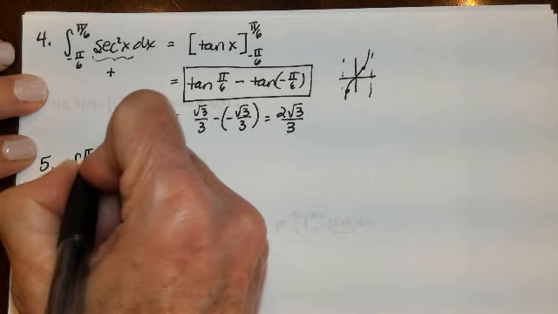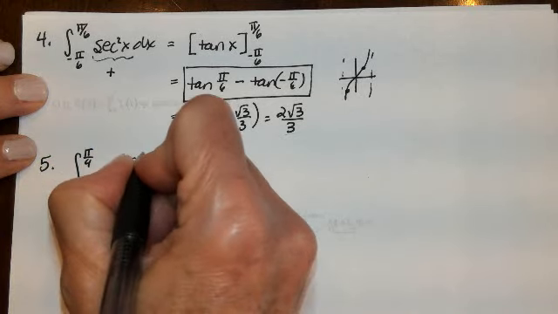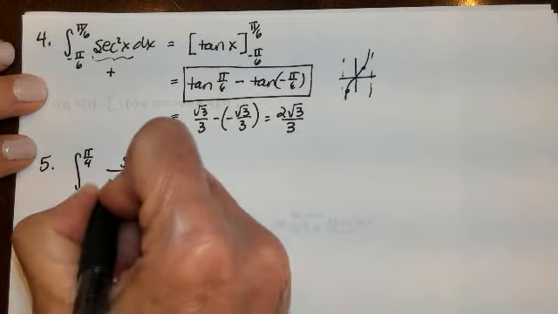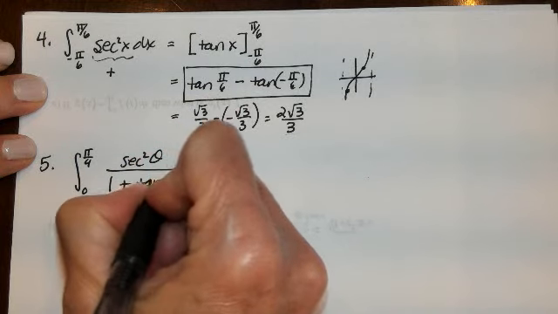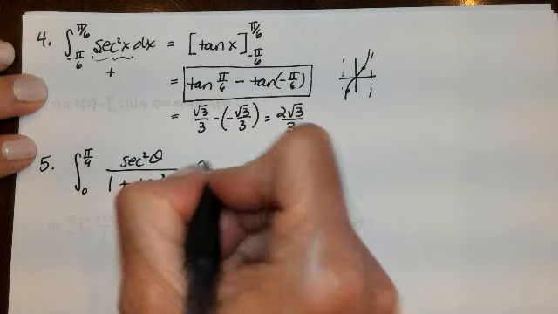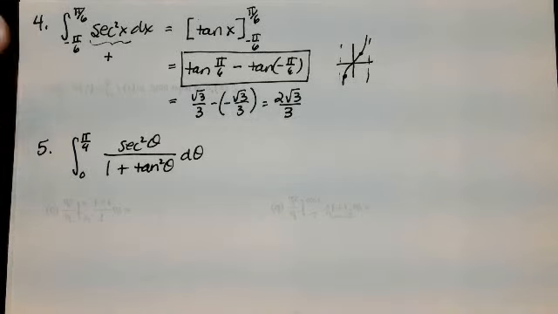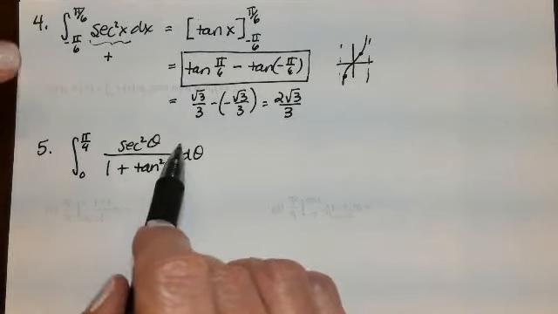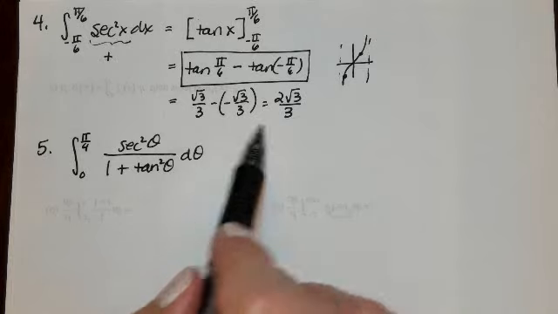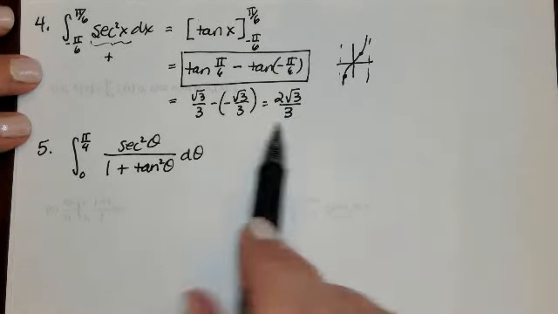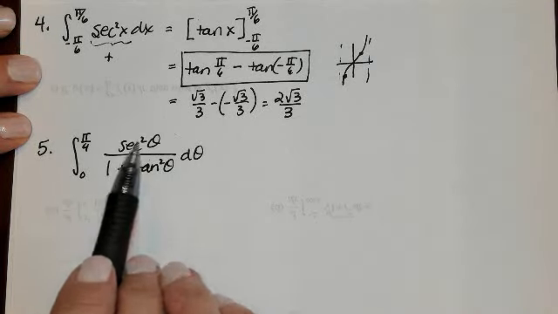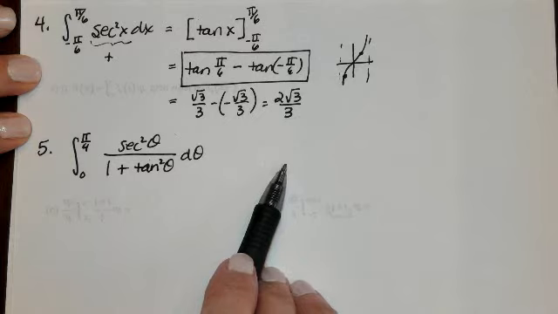0 to pi over 4 secant squared theta divided by 1 plus tangent squared theta. Okay, remember, the only thing we know now when we see a trig function, later on it'll be a little bit more complicated, but right now we have to have this be something that we know the antiderivative of.